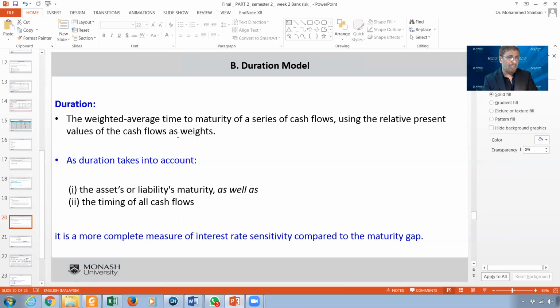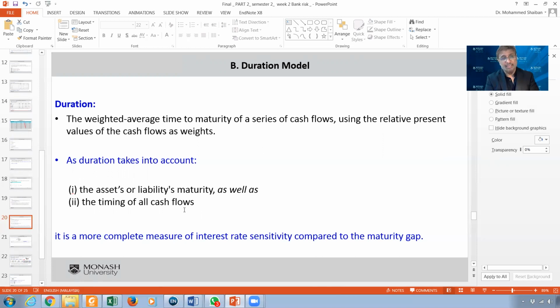So the duration takes into consideration the asset or liability maturity, as well as the timing of the cash flow. Because now I need to put the assets and liabilities in different maturities. If it is a loan of 3 years, I will put it as a loan of 3 years. But actually, if there is a cash flow coming, it's not 3 years.